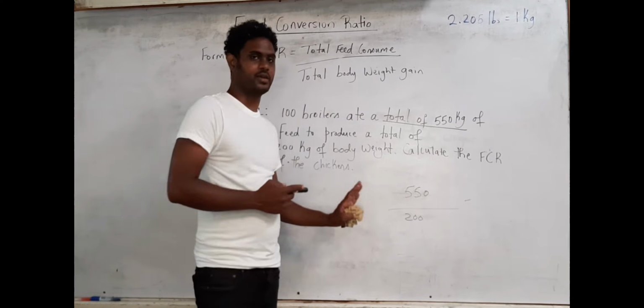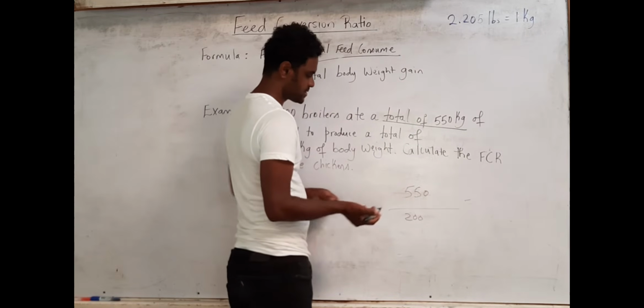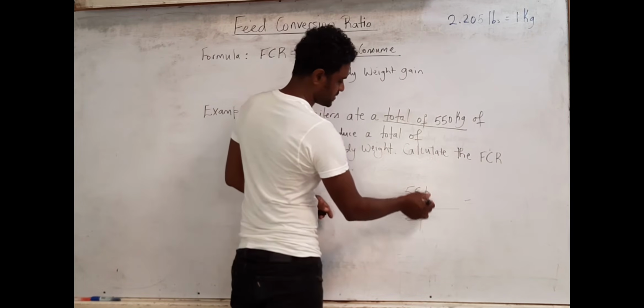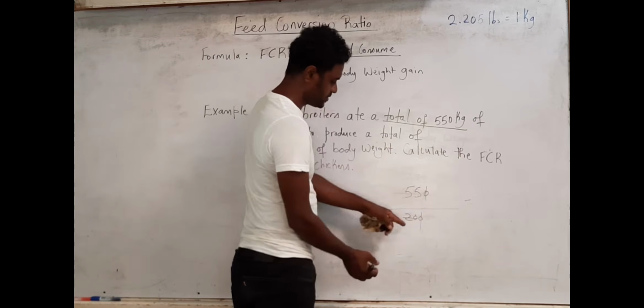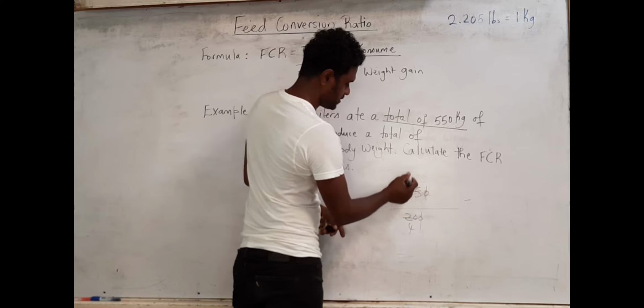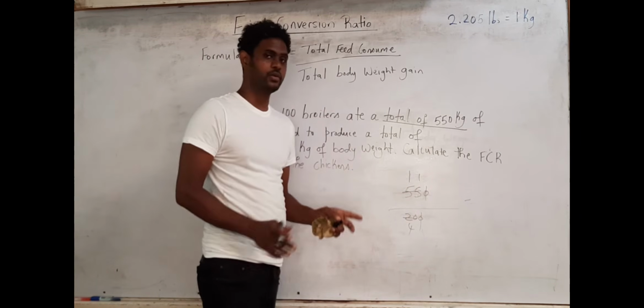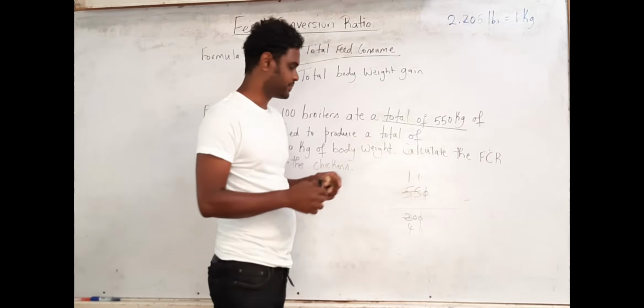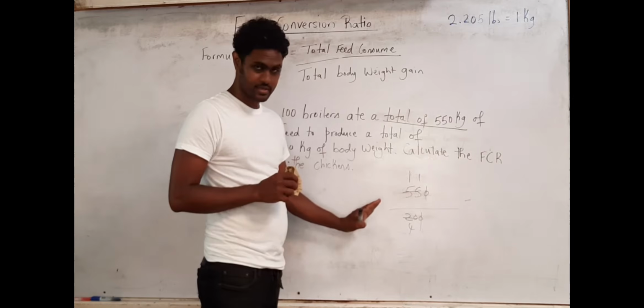When you're doing the FCR calculation, you don't want to do cancelling. As I said, it's like this. Say 0 cancels 0, so you have 20 over 55. And I said 5 into this, 4, 5 into this, 11, and so forth. Alright? You don't want to be cancelling all that cancelling. In all the FCR calculations, what you're going to do like this.